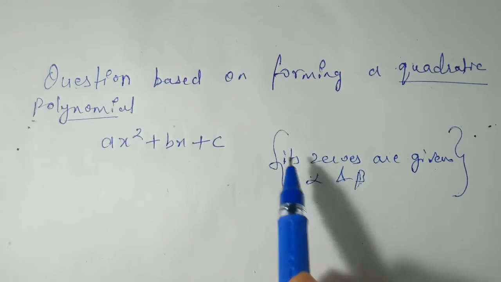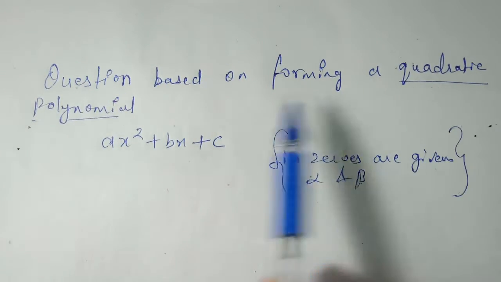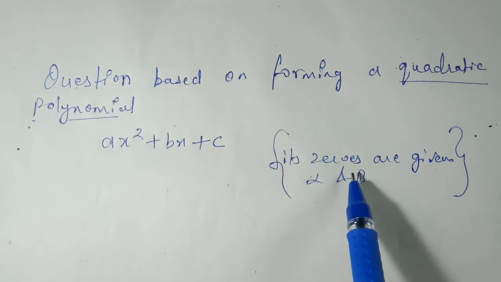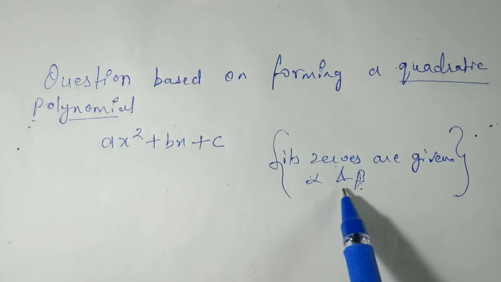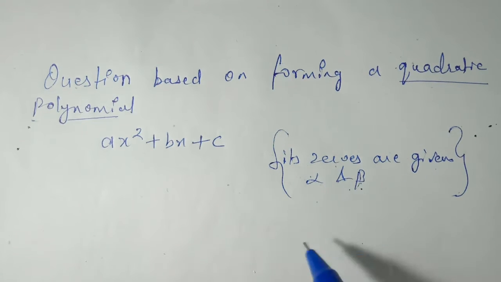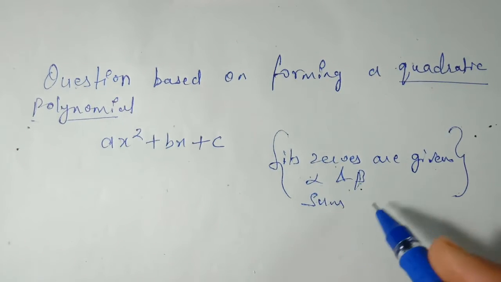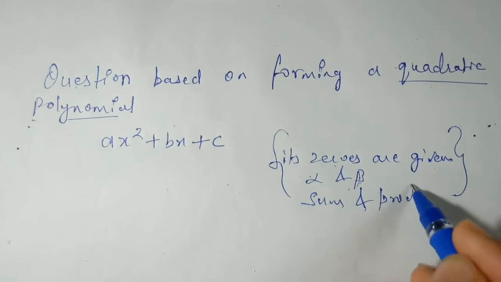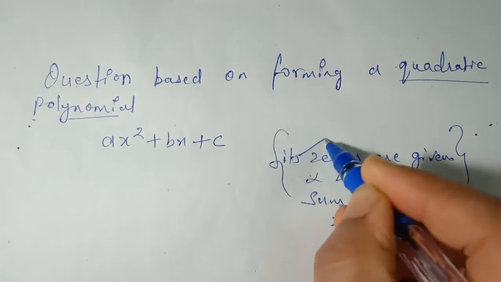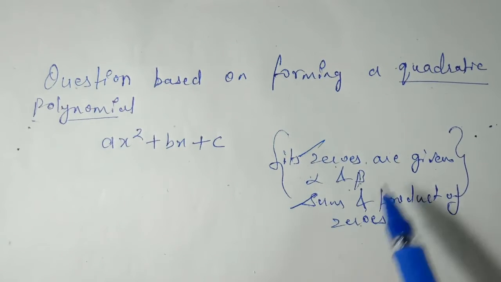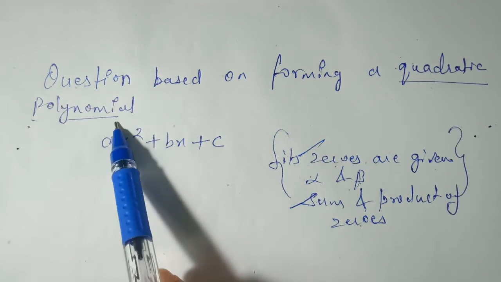So whenever we have to frame any quadratic polynomial, the condition of its zeros is given. Either the zeros are given or the sum and product of zeros are given. These are the two conditions on the basis of which we have to frame a quadratic polynomial.